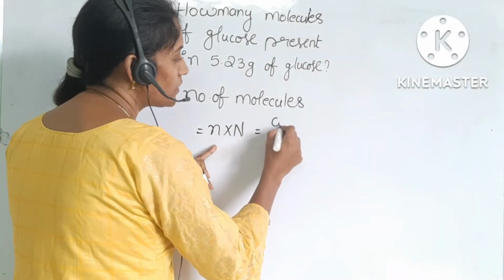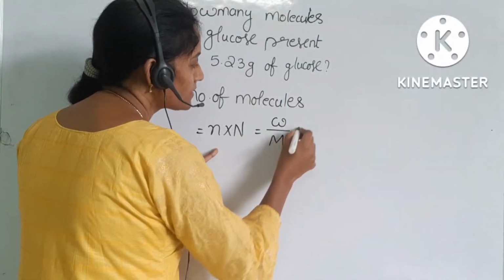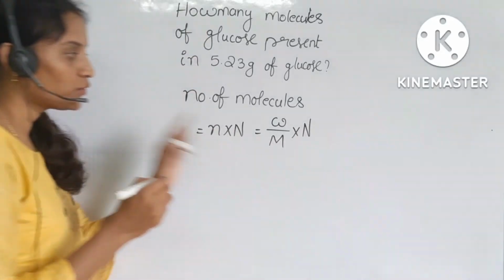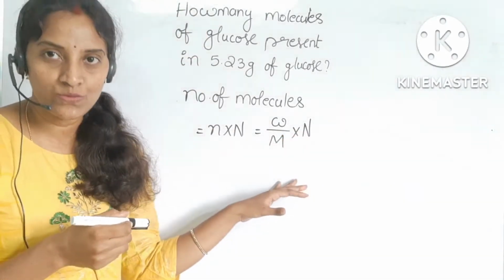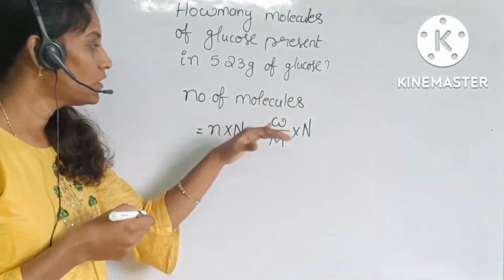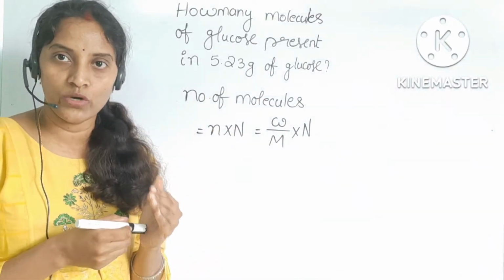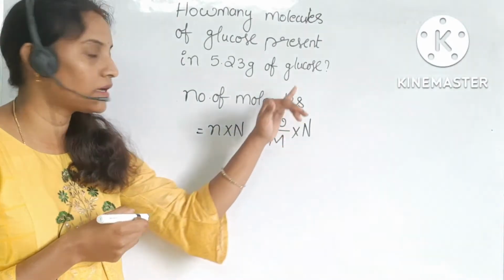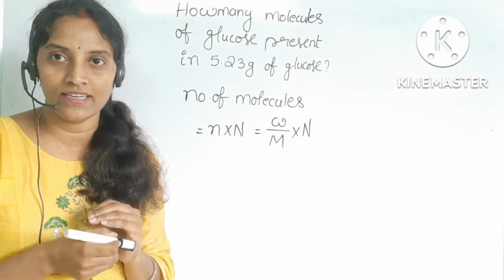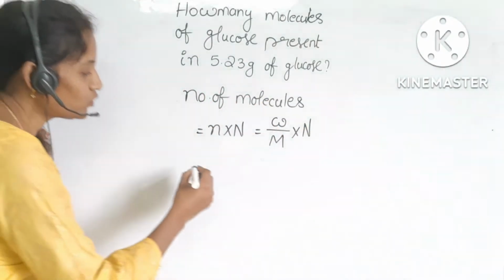This small n equals given weight divided by molar mass. Now you can substitute all these values in this formula. Given weight is 5.23 grams and the molar mass of glucose is 180 grams. Avogadro's number value you already know.